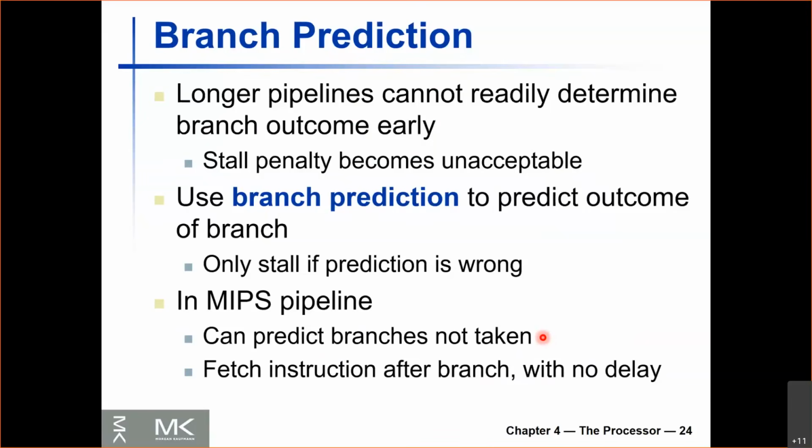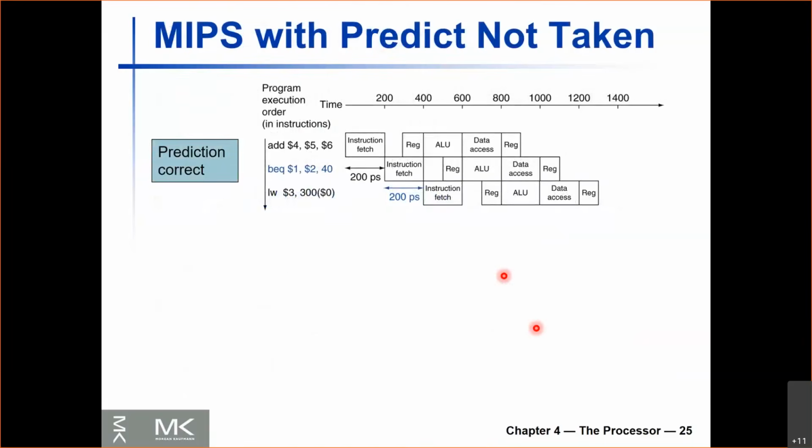Okay, so let's take a look. Here, in this example, we have a branch instruction. We're going to fetch the branch, and the branch is not going to get resolved until 600 picoseconds, until the end of the third cycle.